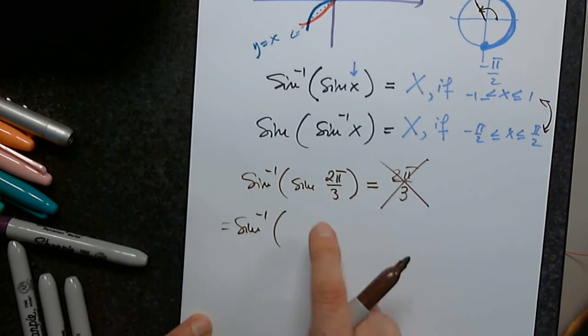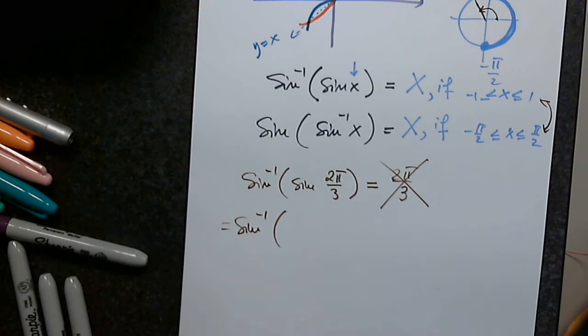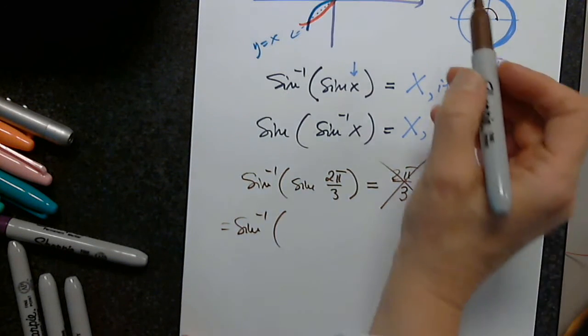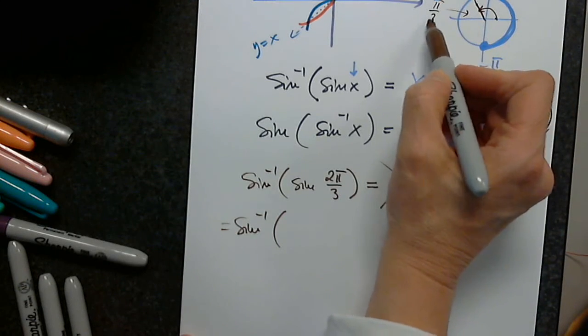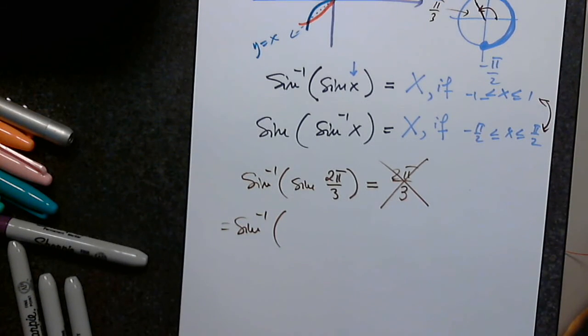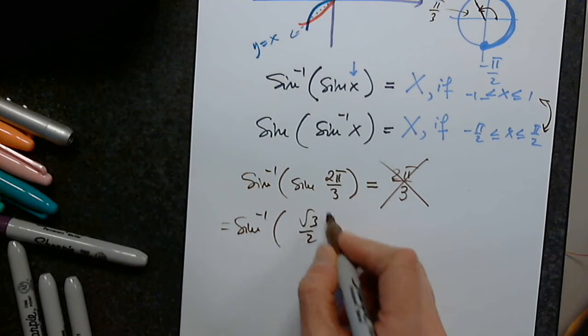So sine inverse, how much is sine 2 pi over 3? What is the reference angle? Pi over 3. What is sine pi over 3? It's not 1/2. Right, it's the other one. So this is the square root of 3 over 2.